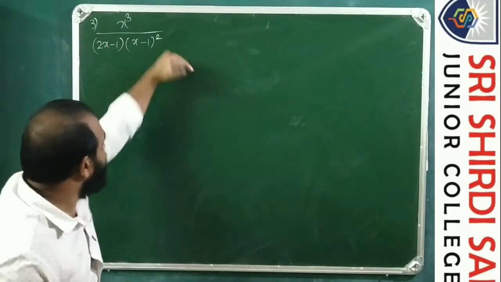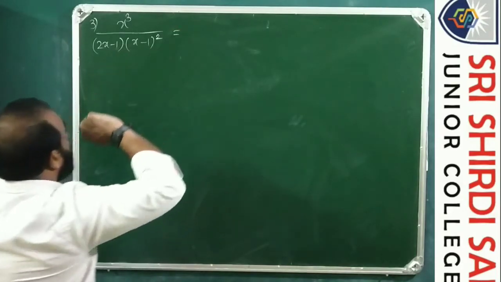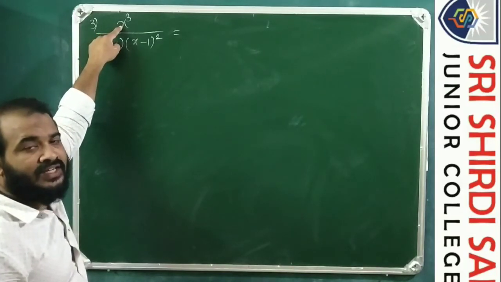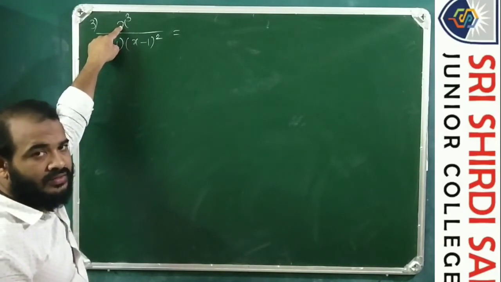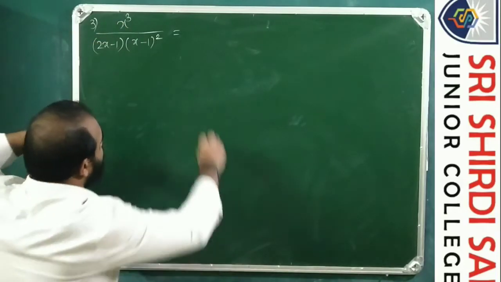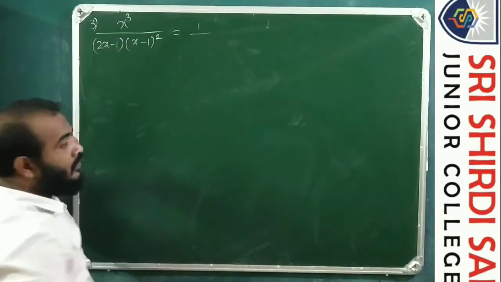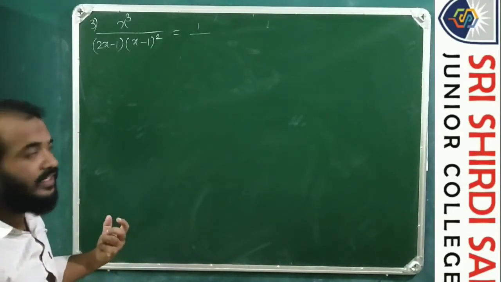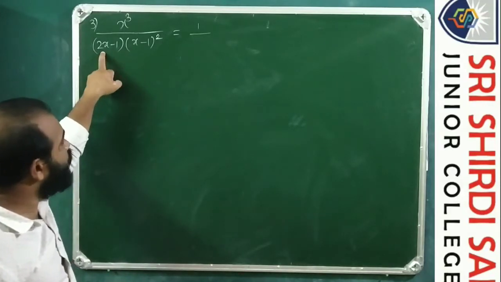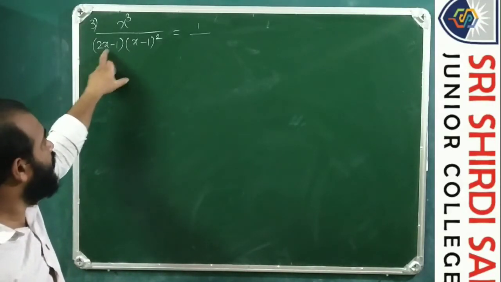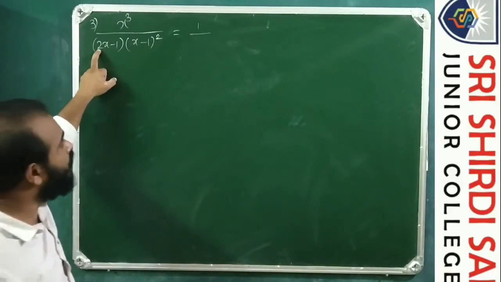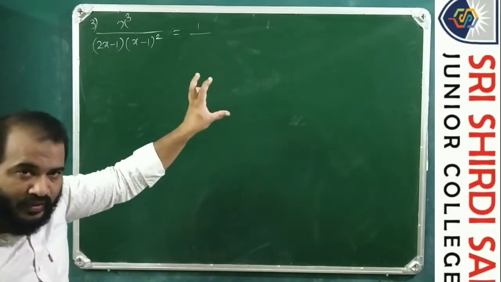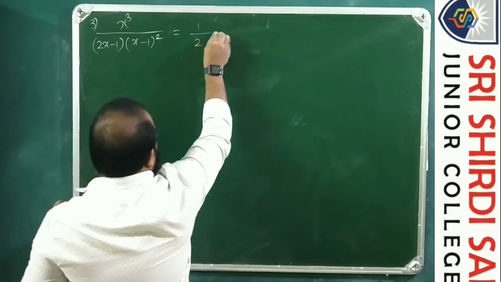So the quotient is the coefficient of the highest degree term in the numerator, x cube, divided by the coefficient of the highest degree term in the denominator, 2x cube. So the quotient is 1 by 2.